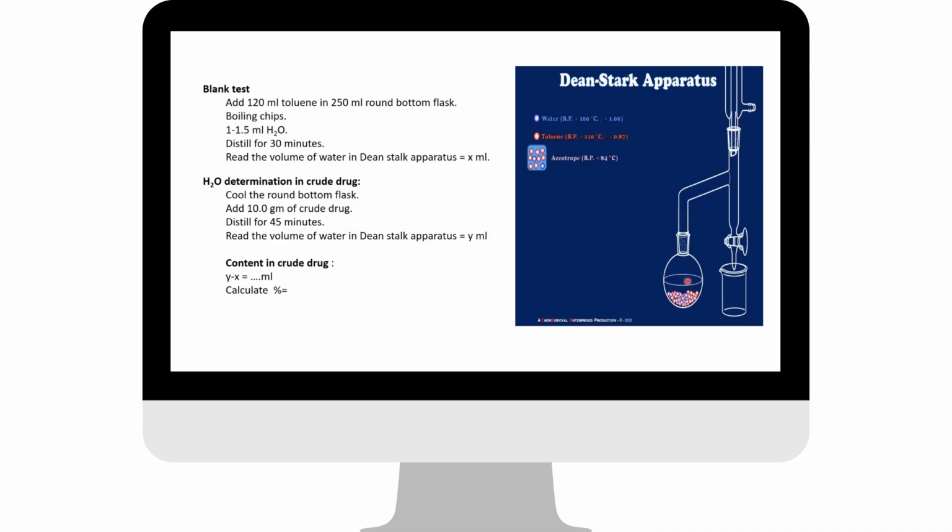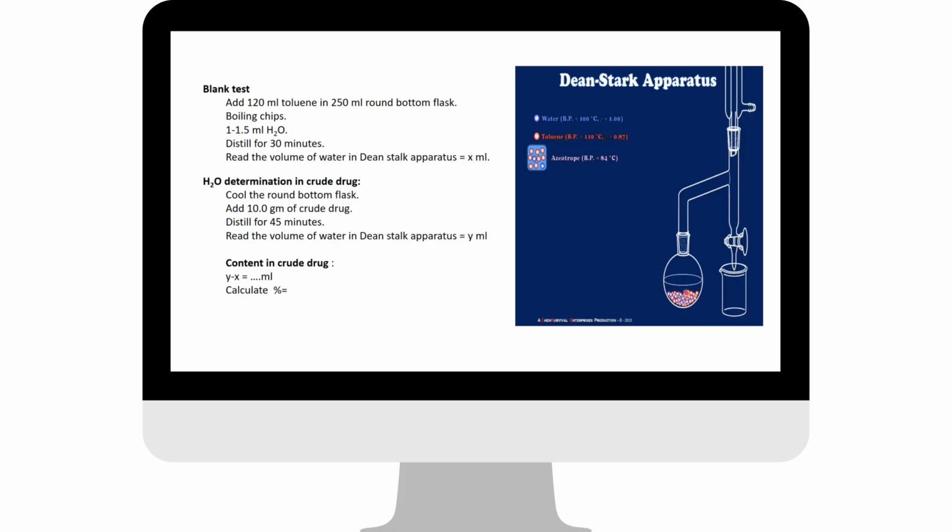Now we should cool down this flask. After cooling it, add 10 gram of crude drug into this flask. We should not throw out the contents; we should cool it, then add 10 gram of the drug material, and then distill it for 45 minutes.